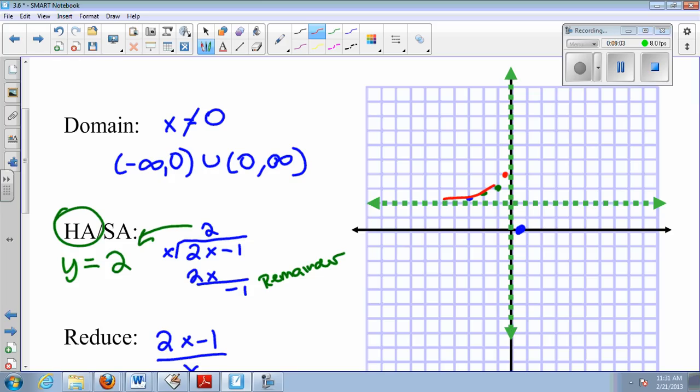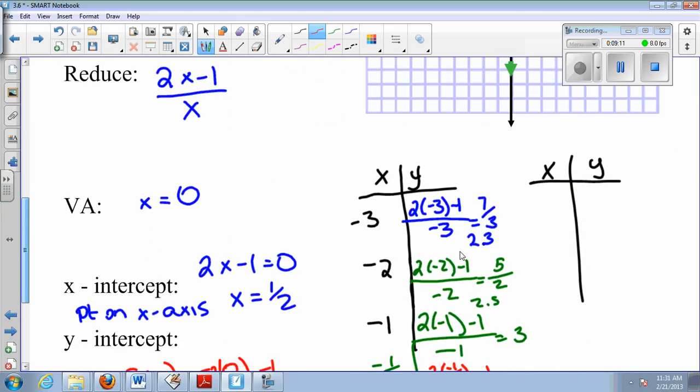So this is one branch. To get the second branch, we need to start with 1, 2, and 3. So 2 times 1 minus 1 over 1 goes to 1.